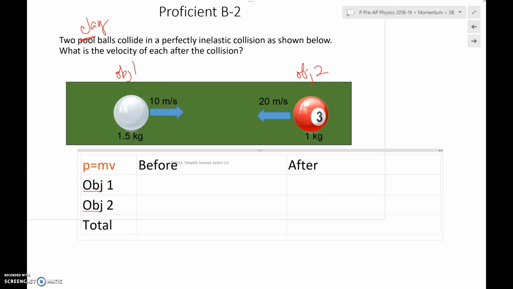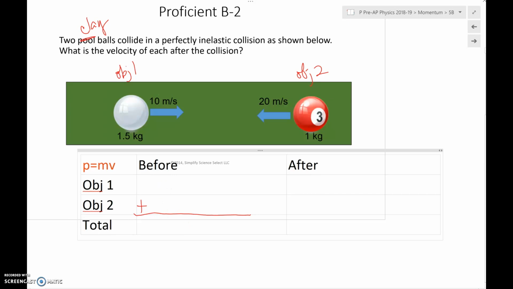Okay. And remember, the big idea is that we take each individual momentum and we add them up, and that's going to give us our total. So if I take both the momentums beforehand and add those up, it'll give me the momentum after.